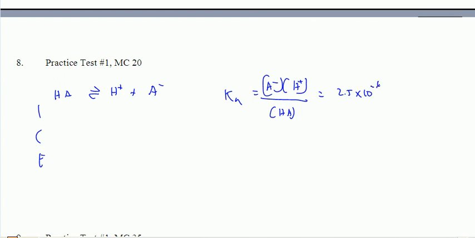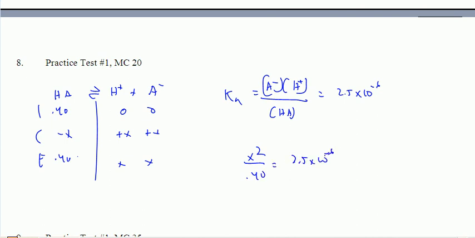Okay, and they ask you for the pH, and they tell you this is 0.400 minus X, 0.40 plus X, X. So X squared divided by 0.40 equals 2.5 times 10 to the negative 6.